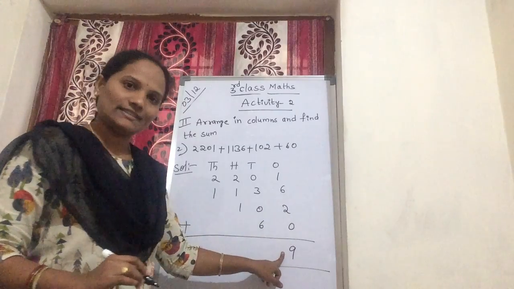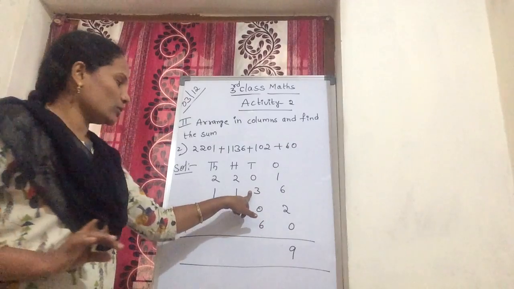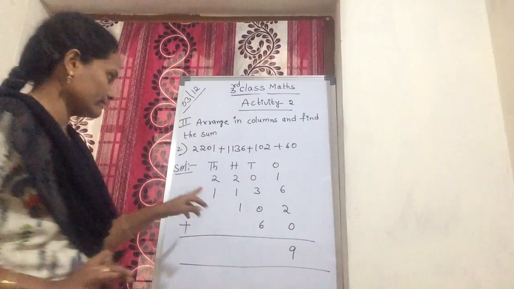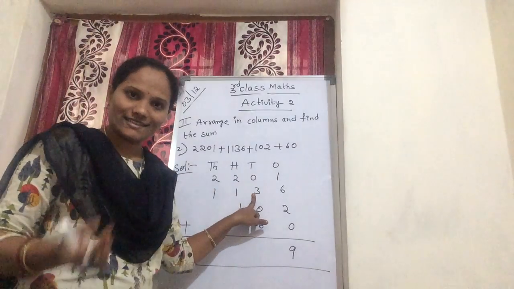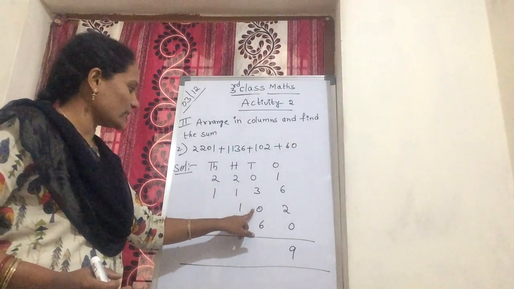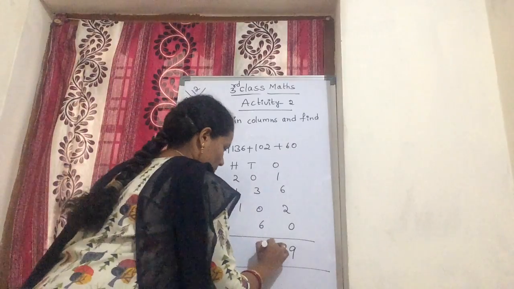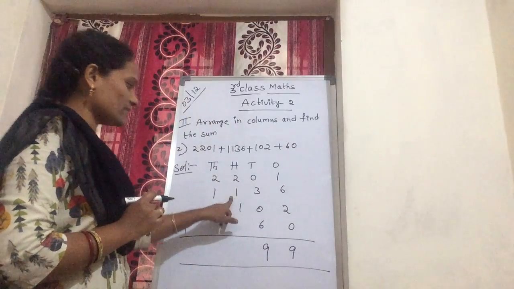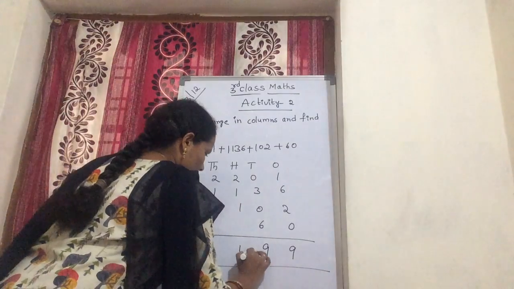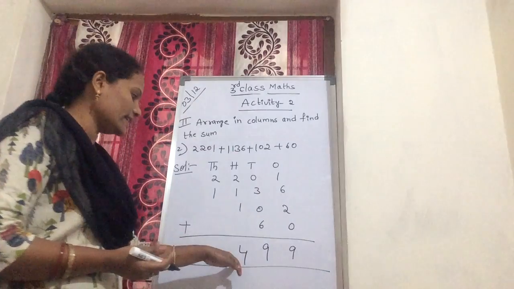Now 0 plus 3 is 3. Again 3 plus 0 is 3. Next, 3 plus 6 is 9. Now 2 plus 1 is 3. 3 plus 1 is 4. You get 4. Are any hundreds there? No, so you write 4.